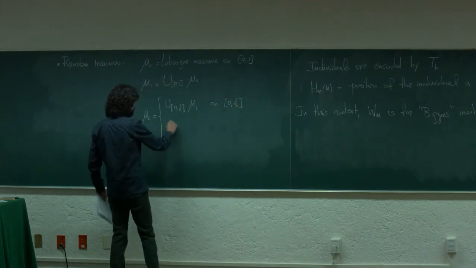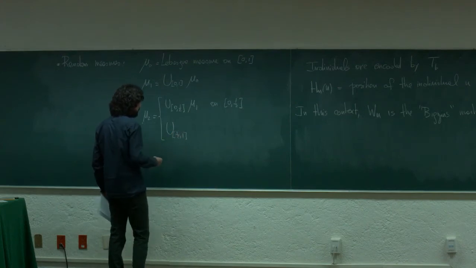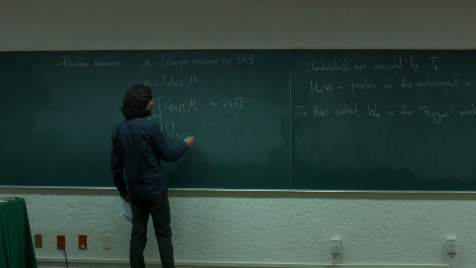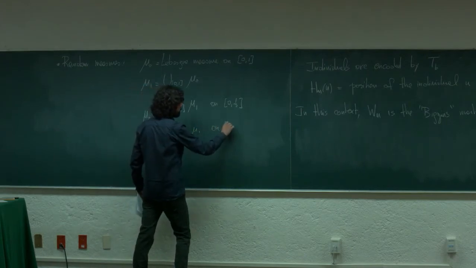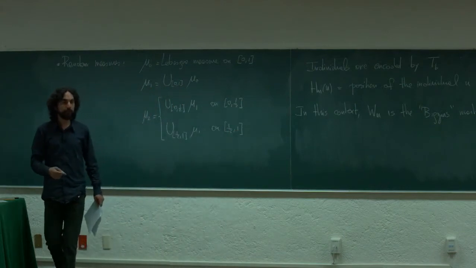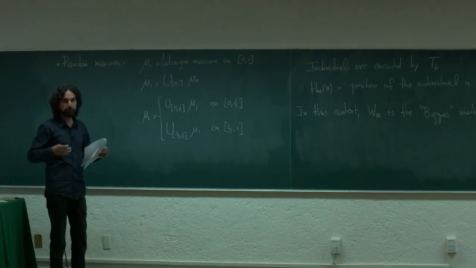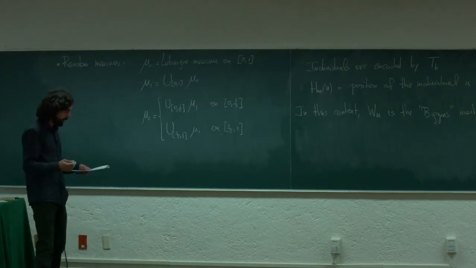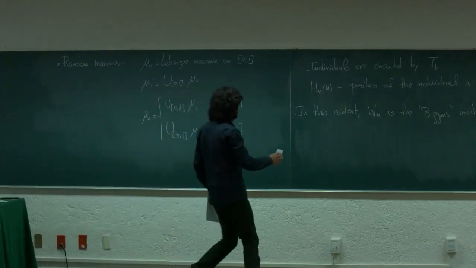And on the complement, you just weight it by the random variable associated to the interval [1/2,1]. And you continue with this construction. So at each step, you take the measure you constructed in the previous step and you weight it by the random variable corresponding to the interval you're on.